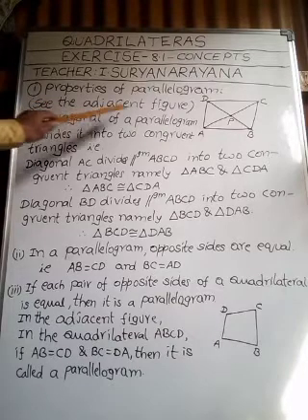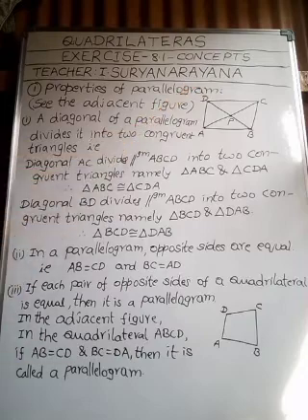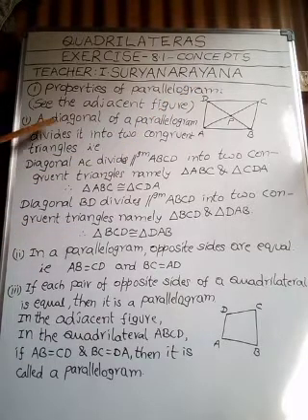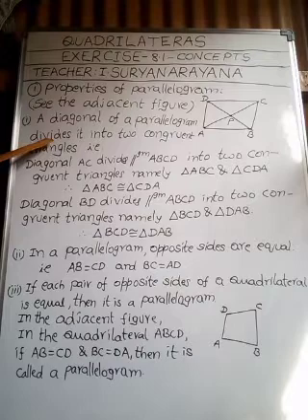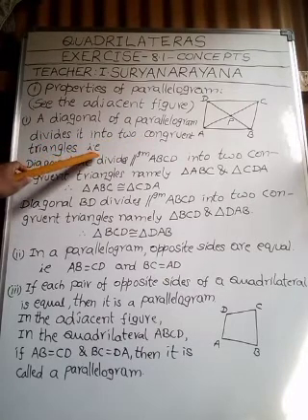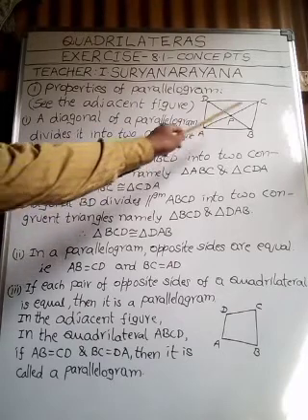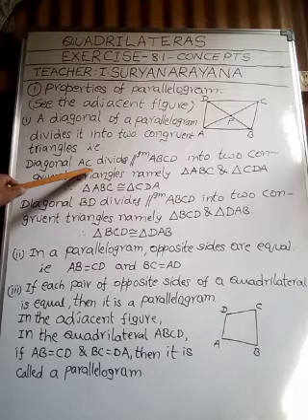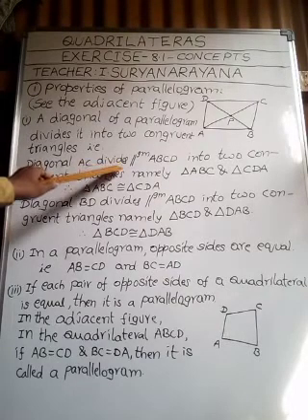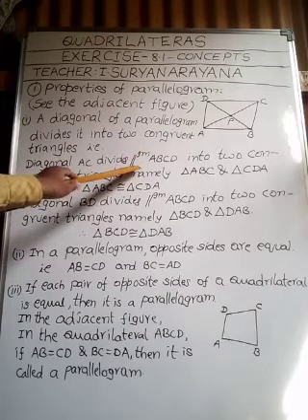See the adjacent figure here. ABCD is a parallelogram I have taken. First property: a diagonal of a parallelogram divides it into two congruent triangles. Suppose you take diagonal AC. This notation denotes a parallelogram.